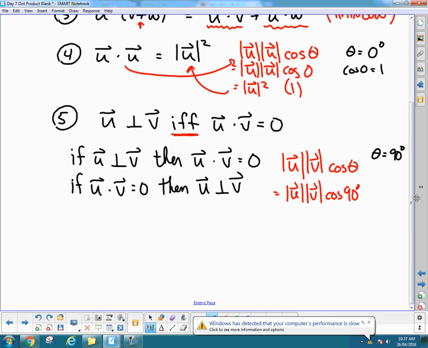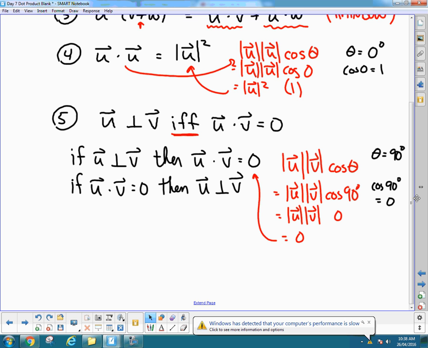Well, if you stop and think for a second, the cos of 90 is 0. You can check it on your calculator or think of the sketch. We know at 90 degrees the graph goes to 0. So this is 0, and it doesn't matter that I'm multiplying it by U and V, it's just 0. And so their dot product is 0. So it actually makes sense that if the two vectors are perpendicular, their dot product is 0.